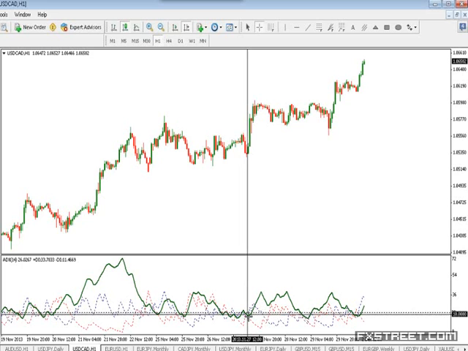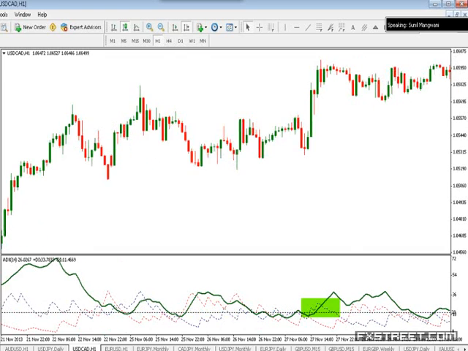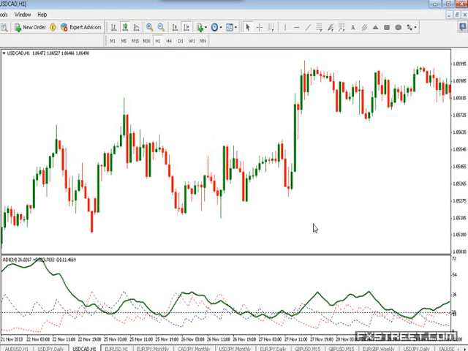If I was using the 30 line, let's say the 30 line is somewhere over here, this is the place I would have said, okay, we are looking at an expected trend. But let's have a look at the situation and why I tend to use the 20 line. Because if I'm using an indicator, it has to give me an edge.